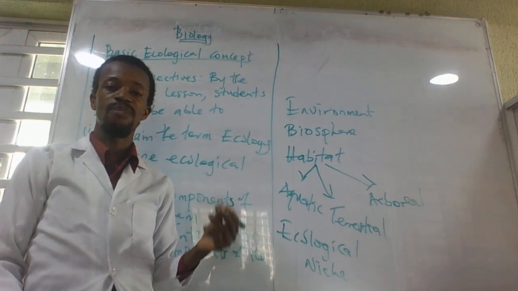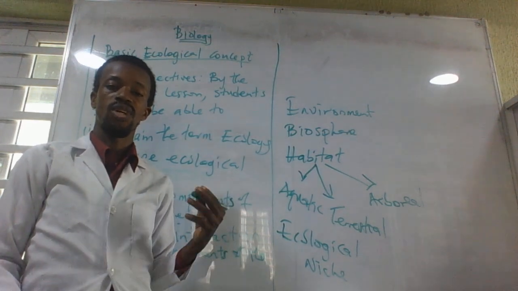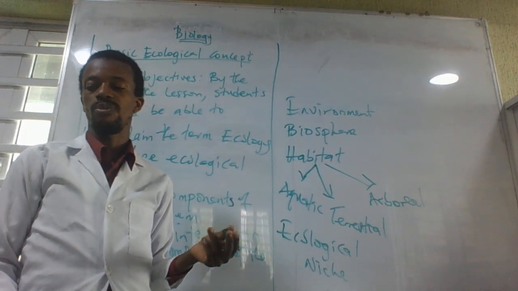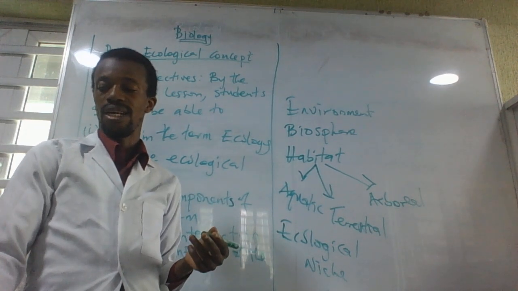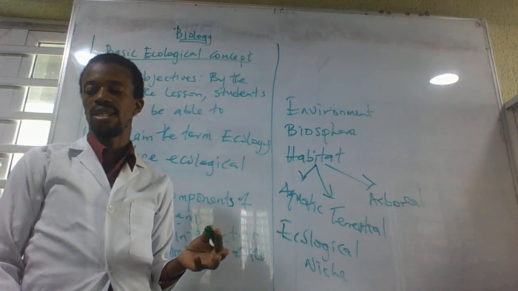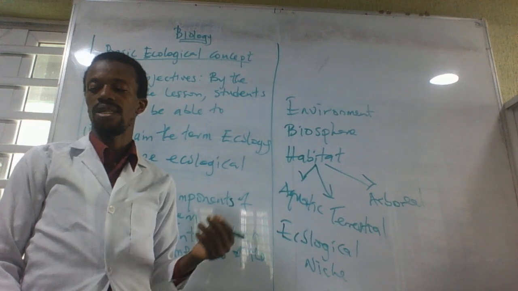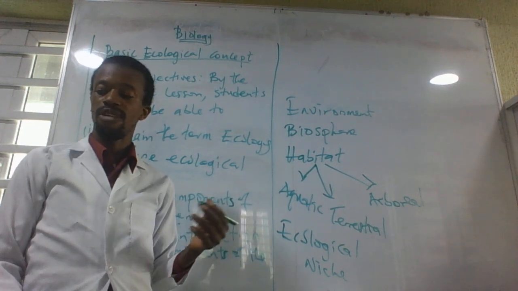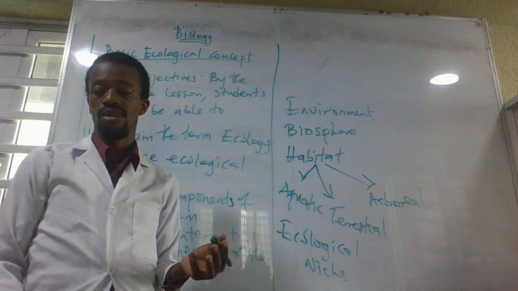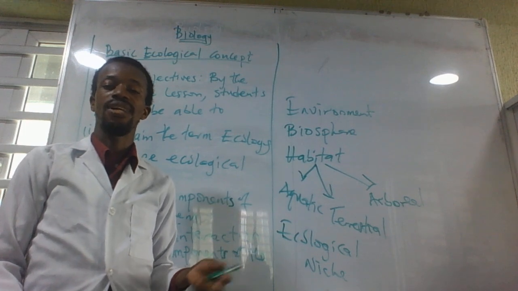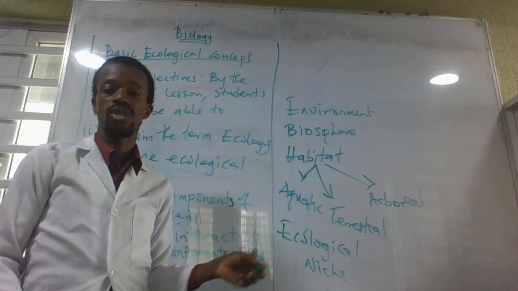Biotic has to do with the living component, and abiotic with the non-living component. The abiotic, as I said earlier, is the non-living component, and they extend to the substances the organisms take in, organic substances, inorganic substances like carbon dioxide, water, then climatic factors like light, temperature, rainfall, and so on. Then other factors like soil type, texture, topography, land structure, those are under the abiotic component.